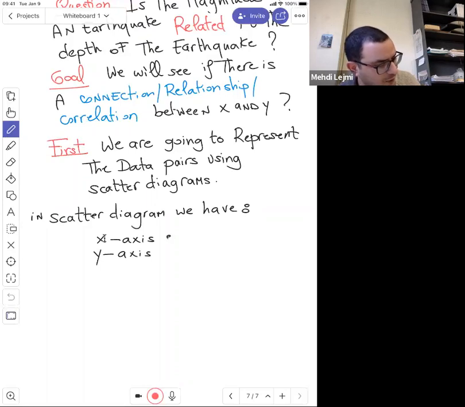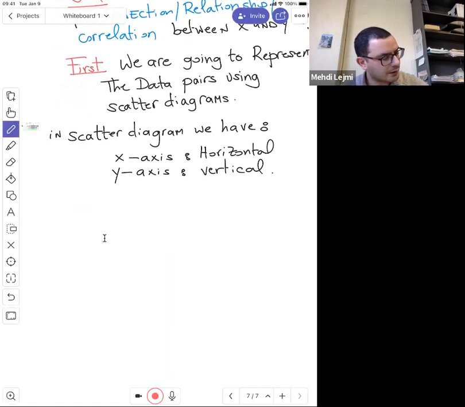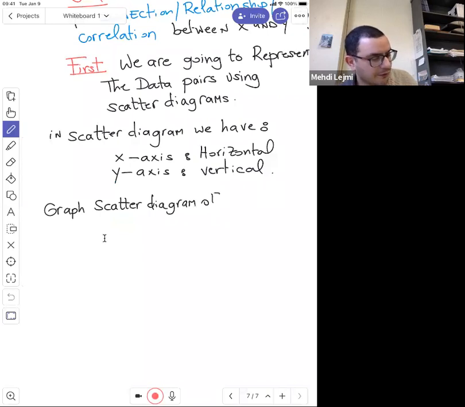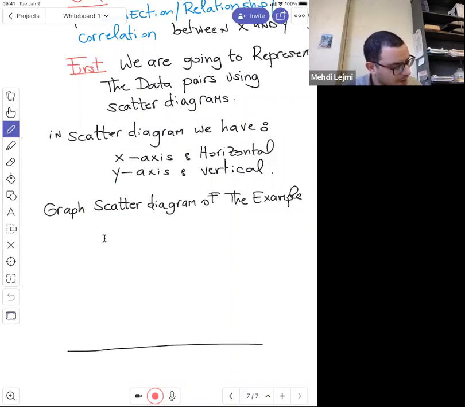The x-axis will be a horizontal axis, and the y-axis will be a vertical axis. All right, so let's graph the scatter diagram of our example. This is my x-axis, and here, let's say, this is my y-axis.